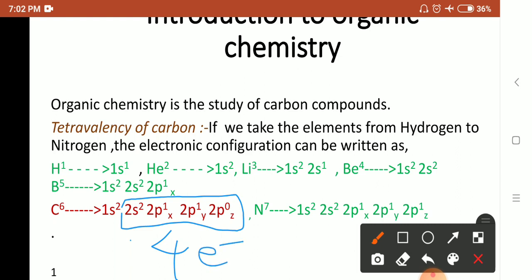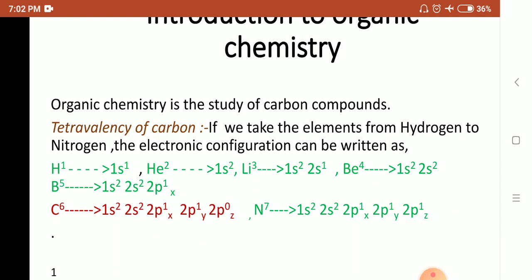These 4 electrons are in the valence shell, which means the outer shell, so they are called valence electrons. These electrons take part in bond formation in carbon. Therefore the valency of carbon is 4. So we say tetravalency of carbon.